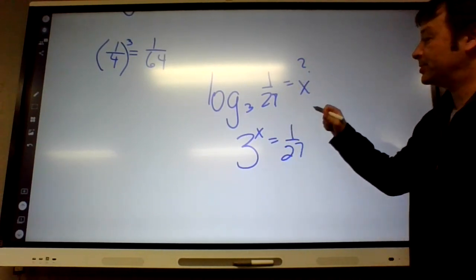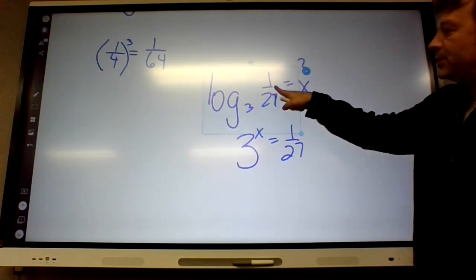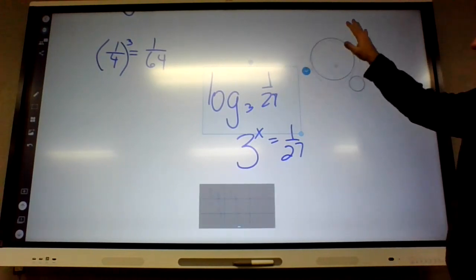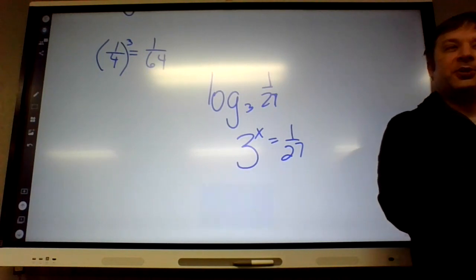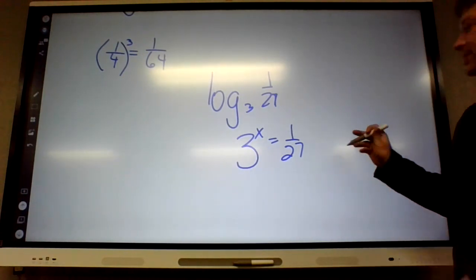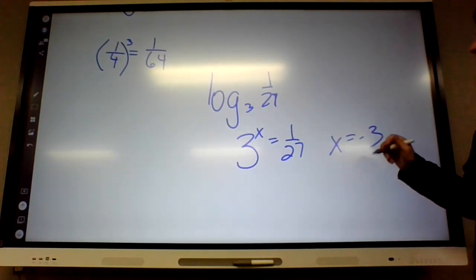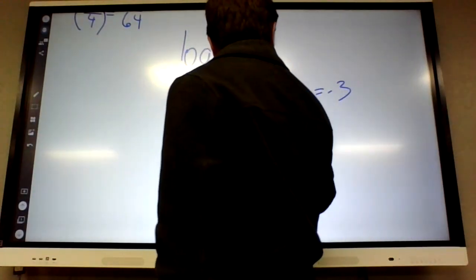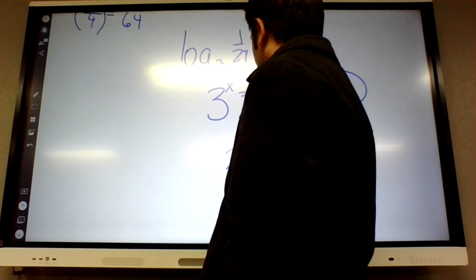That's basically what this means: 3 to the what equals 1/27? That's what a log function does. 3 to the third is 27, remember that? So this answer would just be -3. That's 23. Now 25.